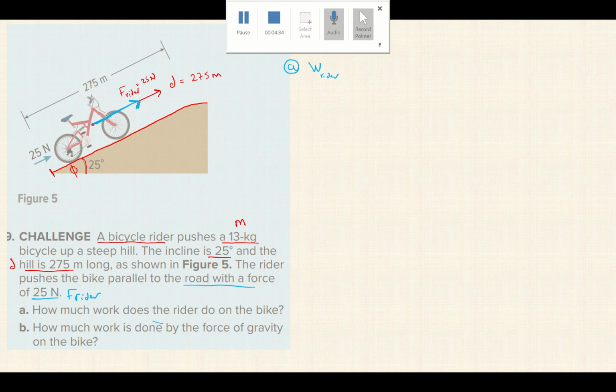You can call it work rider equals the force applied by the rider multiplied by the distance traveled by the bike, multiplied by cosine of the angle between them. The force of the rider is 25 newtons. The distance traveled by the bike is the same as the length of the hill, which is 275 meters. And the angle between the force applied and the displacement is 0. There is no angle between them.